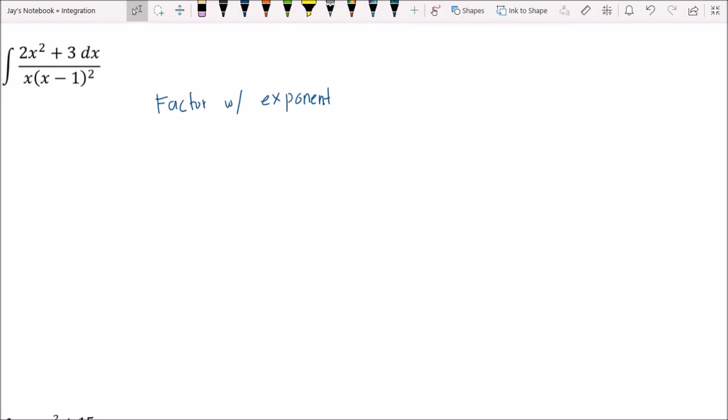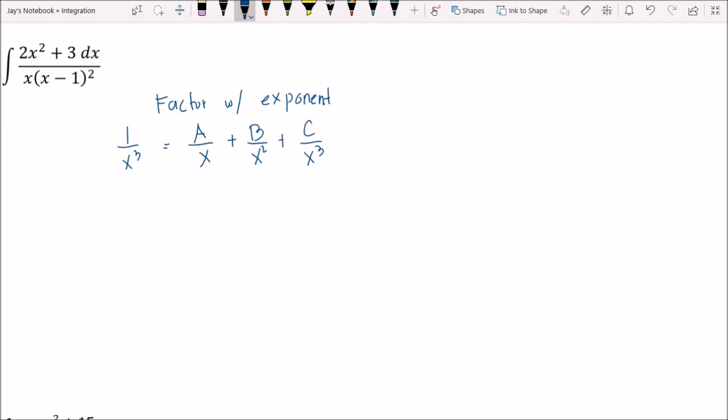Like for example, we have 1 over x cubed. Then we have to have a partial fraction of A over x, the first exponent, plus B over x squared, the second exponent, then plus C over x cubed.